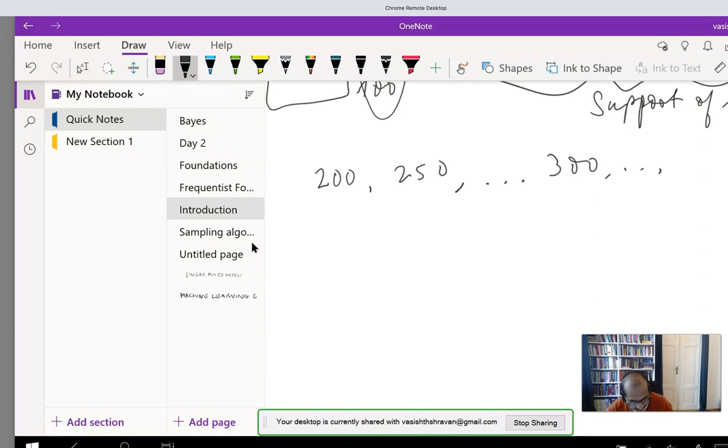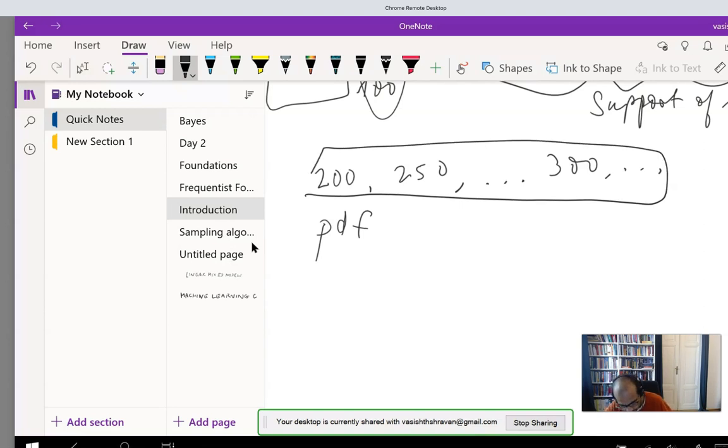These are possible values. Now it just turns out that when I define the probability density function that is associated with each of these possible values, I will draw something like this.